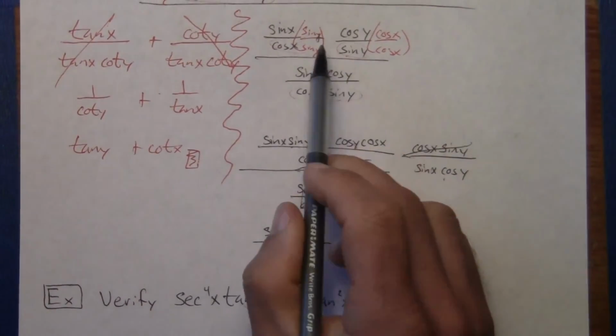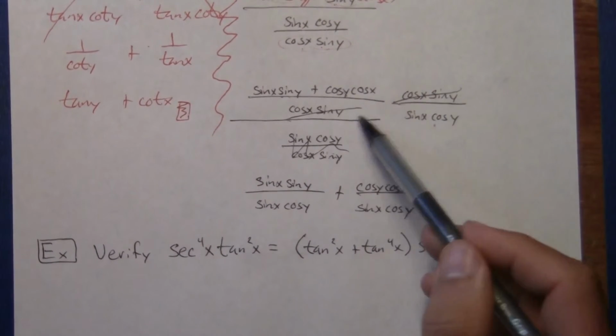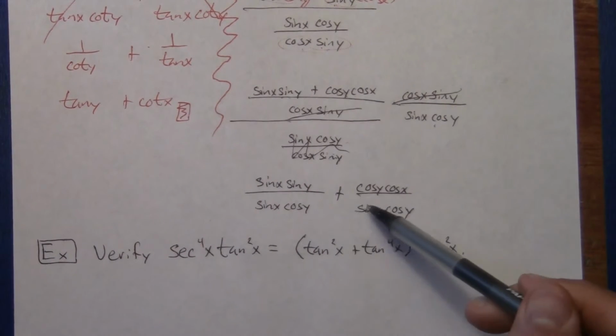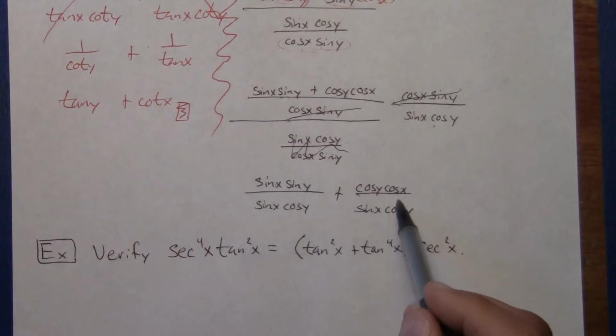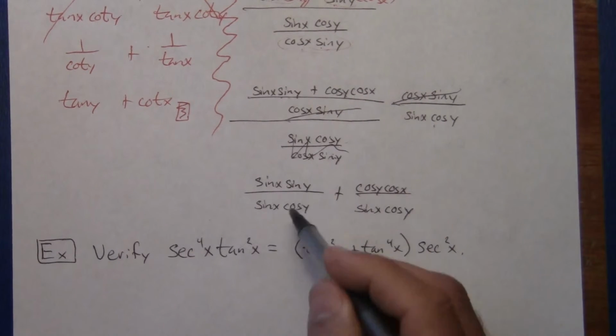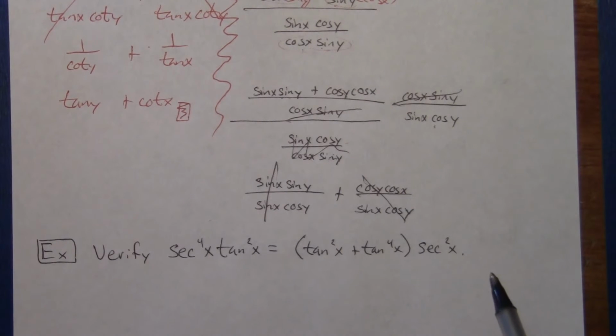So kind of backing up, splitting it all into sines and cosines, getting a common denominator so that I could multiply by the reciprocal. Now that I have multiplied by the reciprocal, I've split them up, and if you look at these closely, you can see that the sine x's cancel and the cosines y cancel.